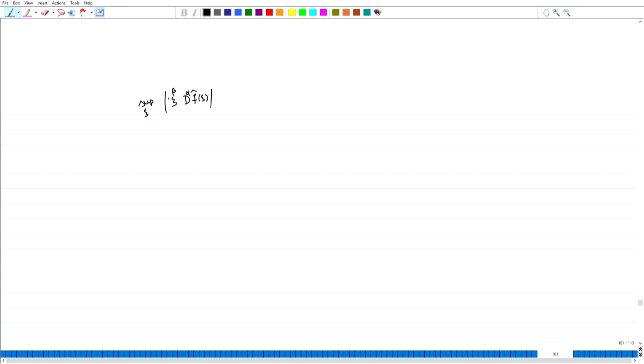This is what we would like to control, and if we can manage to control that, then f hat is going to be in the Schwartz space. So, in the next lecture, this is what we are going to see, that we can control this, and the proof is just bookkeeping as it is in R. Nevertheless, we will write down the sketch of the argument of how to conclude that if f is in the Schwartz space, then f hat is also going to be in the Schwartz space.